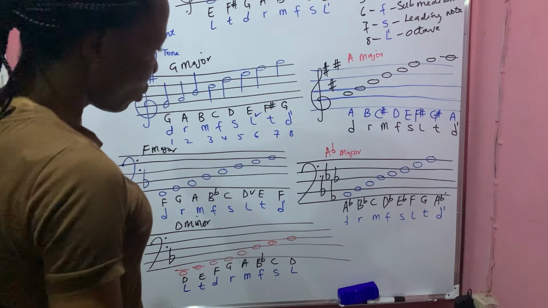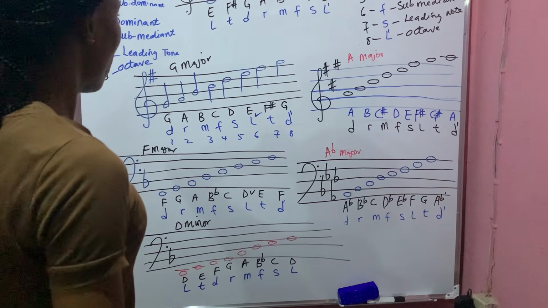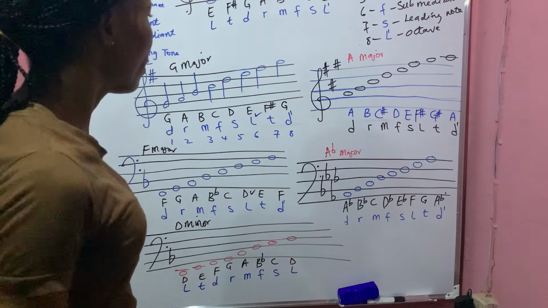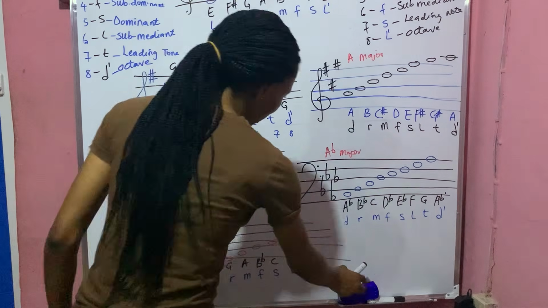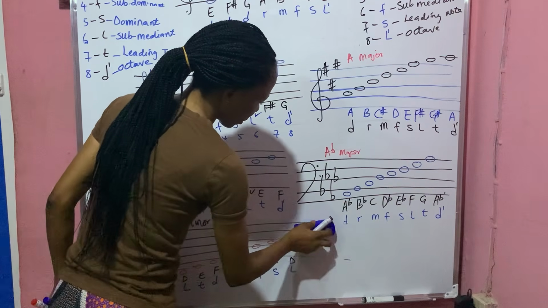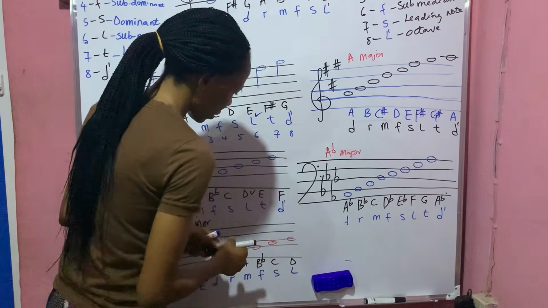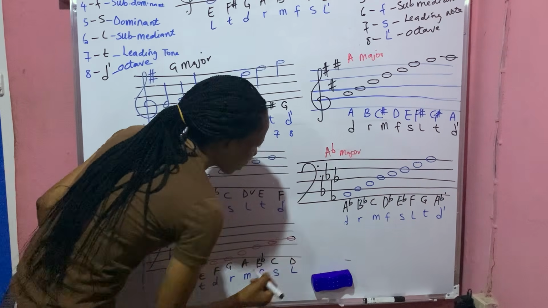So I'm going to do one more. Let me do this A flat major, and then you're going to do the next. I think I can use this press for that. Let's check if this press can be enough for us.